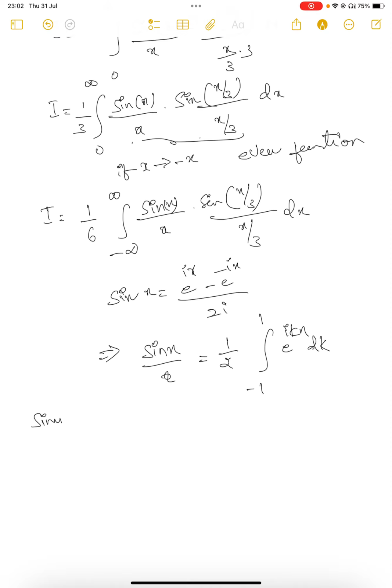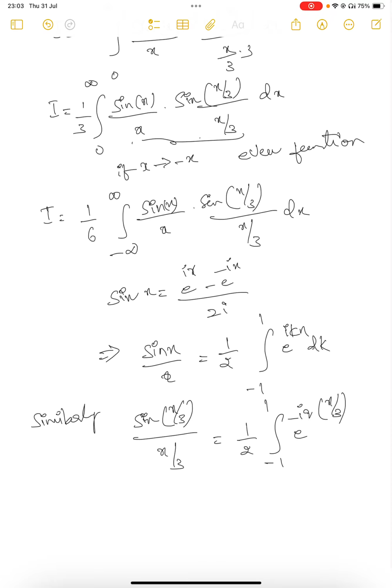Similarly, for sine of x by 3 by x by 3, we have half into integral minus 1 to 1 e power minus iq of x by 3 dq.